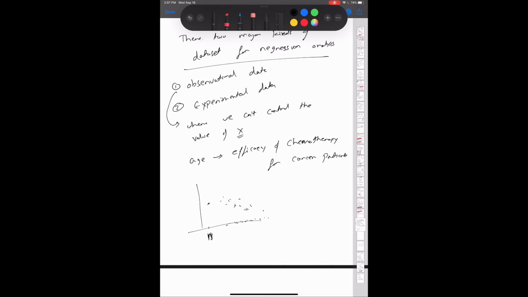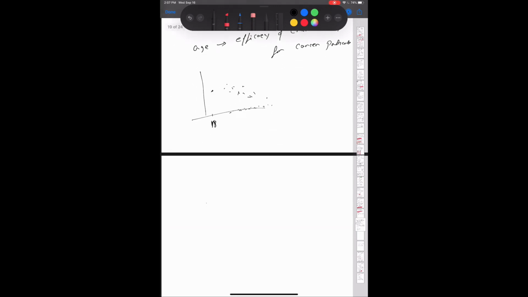To answer that question, observational data are generally not very good. The gold standard to answer causal questions is experimental studies.